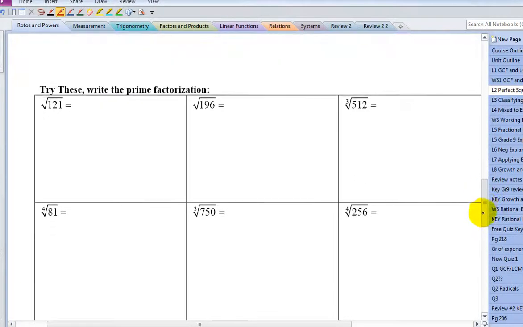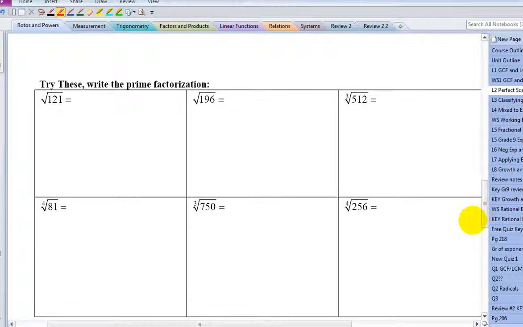So we're going to go back again to what we were doing earlier. Square root of 121, how can you rewrite it? 11 times 11. So what does that equal? Good. What about 196? Do you guys know that one? Because I don't. So let's take 196, divide by 2.